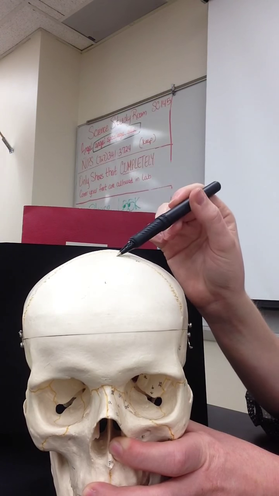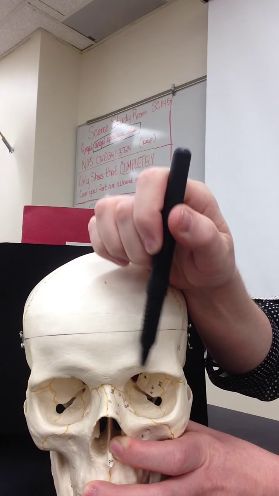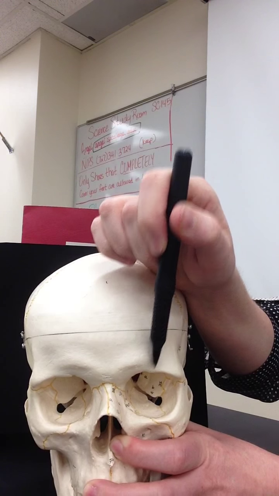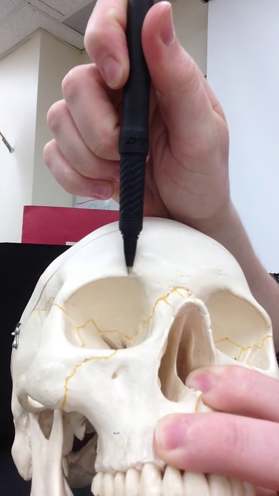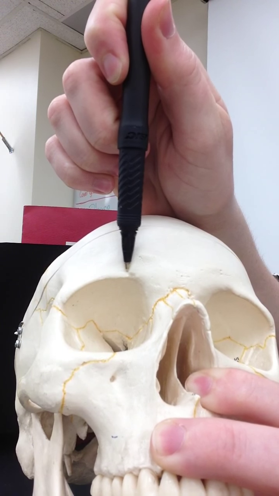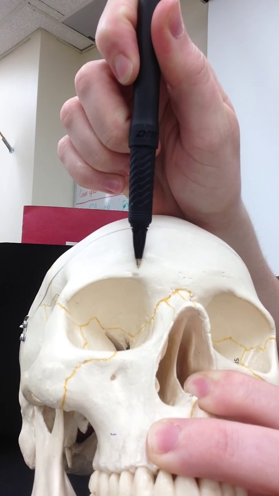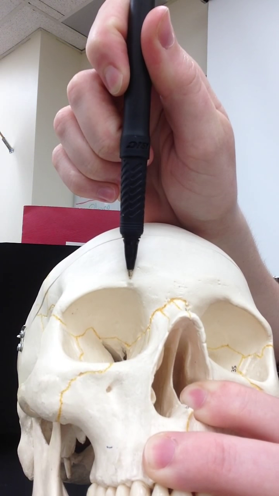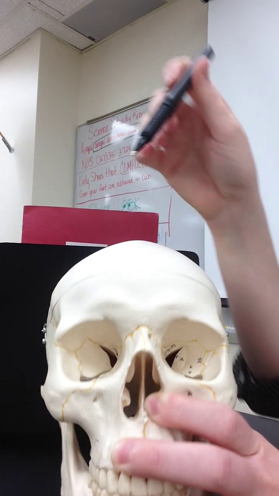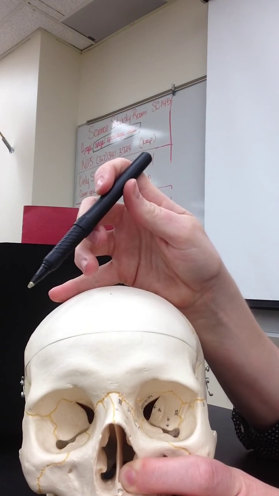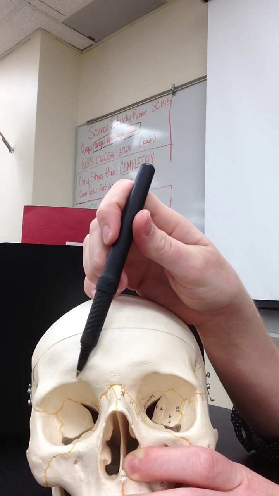Now if you look very close here, you could see a little notch there on the superior border, and that hole is called the supraorbital foramen. That is one of the features of the frontal bone.